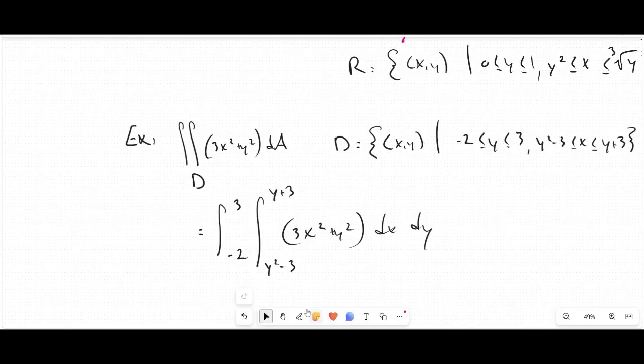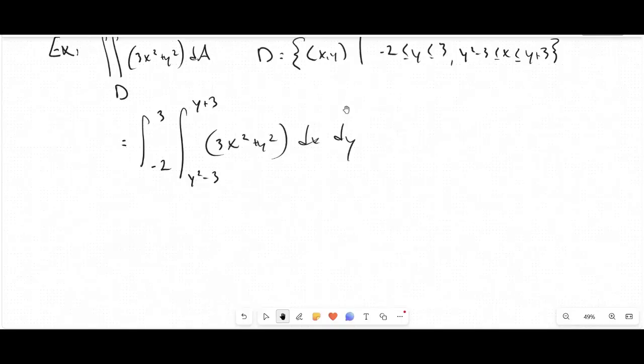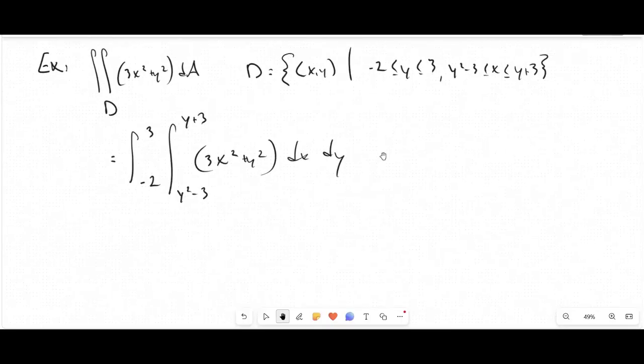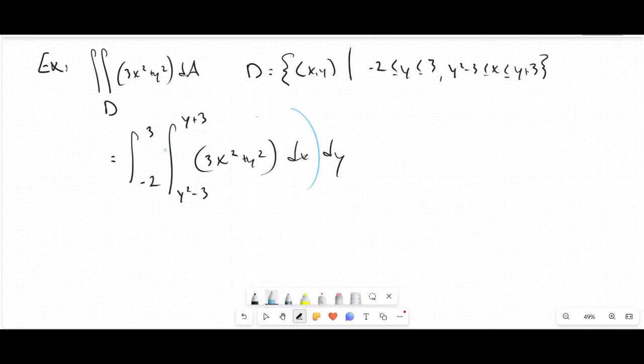Okay, we got it set up. Just freeze there. This is really what you're learning, how to set it up. From here, it's going to be super easy to evaluate. We're just going to do a bunch of basic calculus. We'll start with the inner integral. I'm integrating with respect to x.